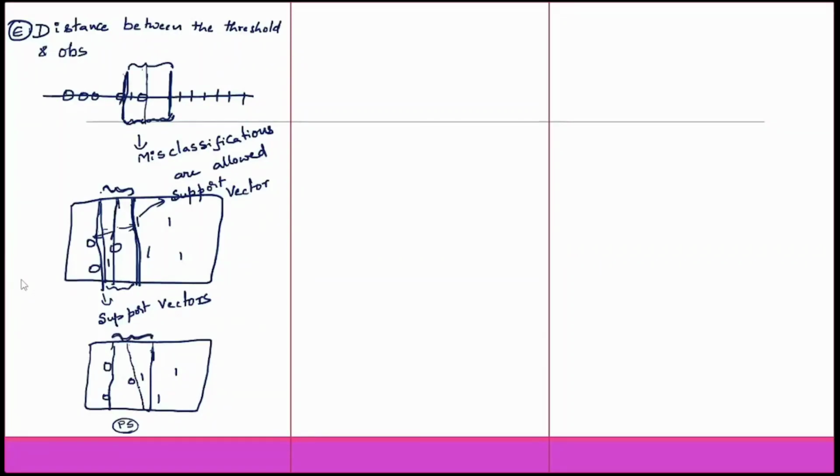And within this margin, I'm allowing the misclassification. So there are two solutions. One is a maximum margin classifier solution, which is very much possible, but that solution is not maximizing the margin much. It's a very, very minute margin.